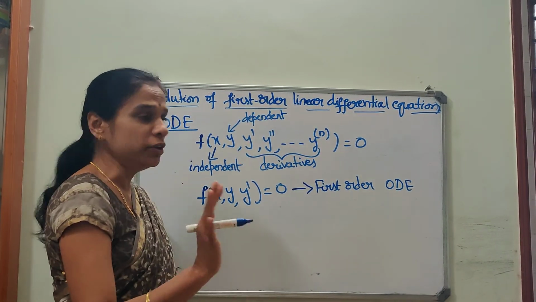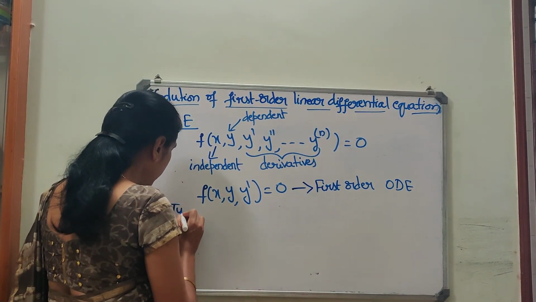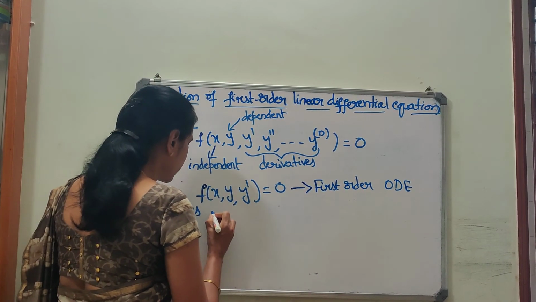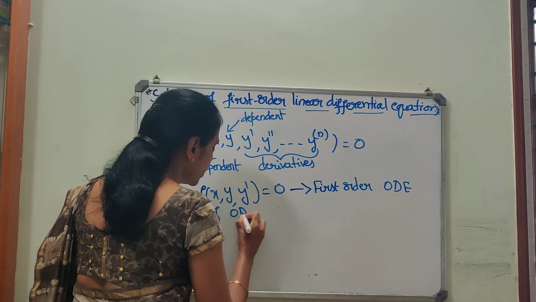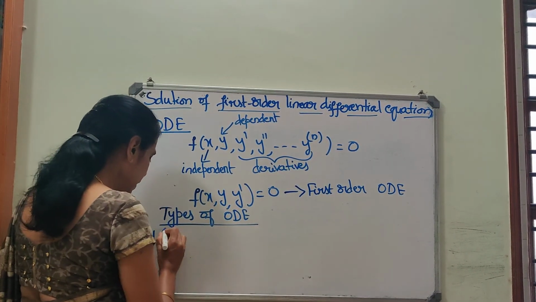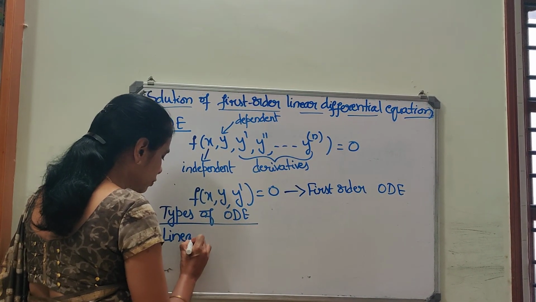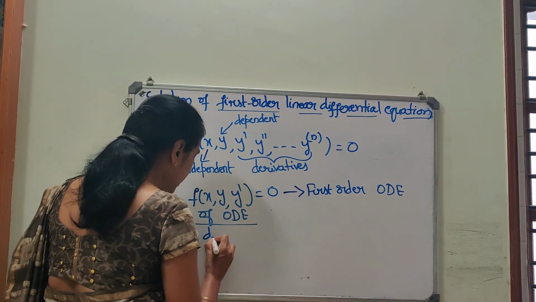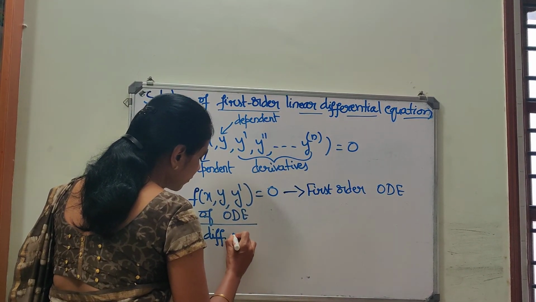There are actually 4 types of ordinary differential equations, types of ODE. Let me just list them here. First one is linear, which we are going to study in this video lecture. Linear differential equation.